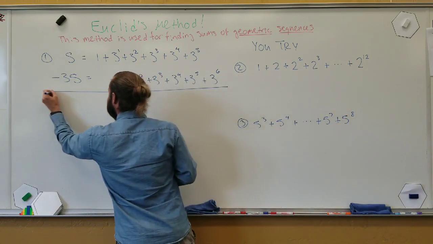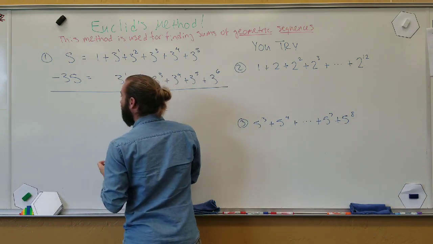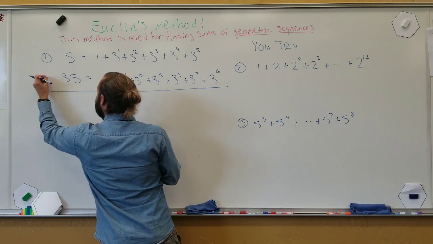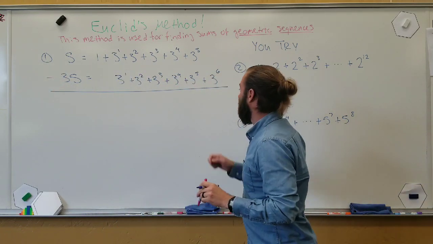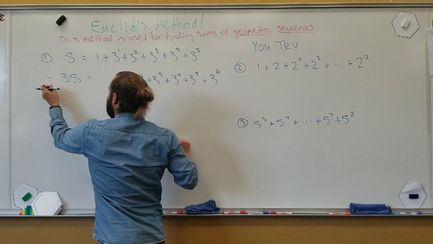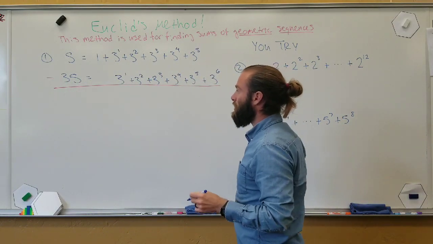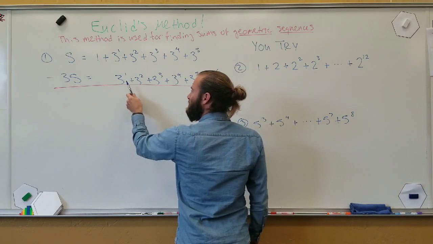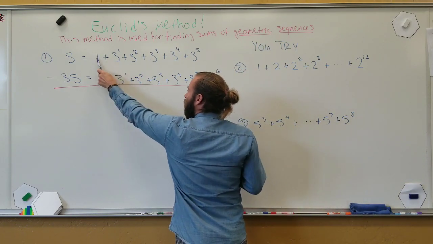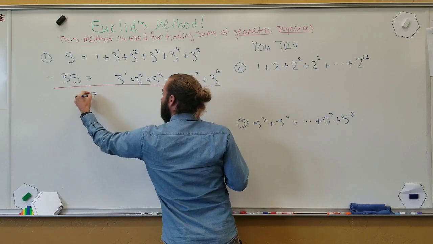And then we're going to go ahead and subtract that off. Maybe I'll use a different color here. Subtract this. Well, what do we get? What do you notice? If I subtract everything here, 1 minus 0 just leaves me with 1.